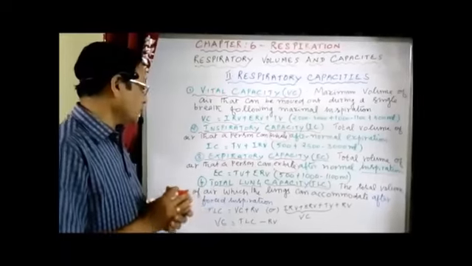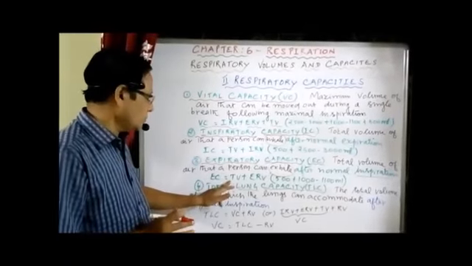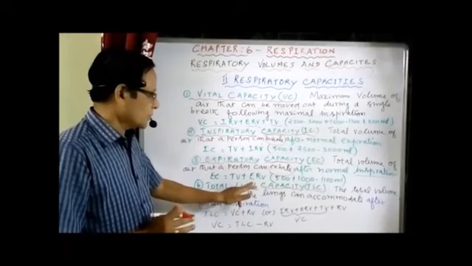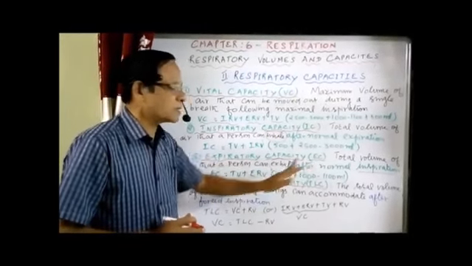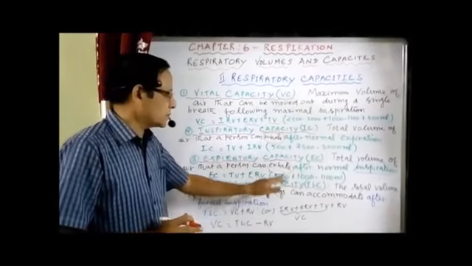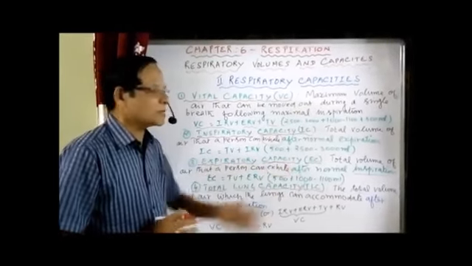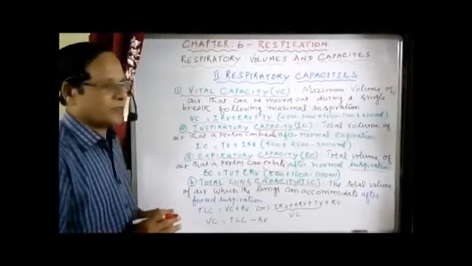We get this value by adding tidal volume plus expiratory reserve volume. That is equal to 500 plus 1000 to 1100 ml. That is called expiratory capacity.